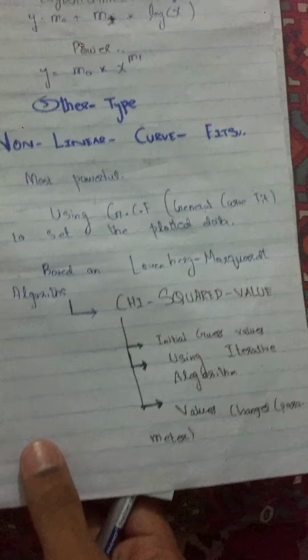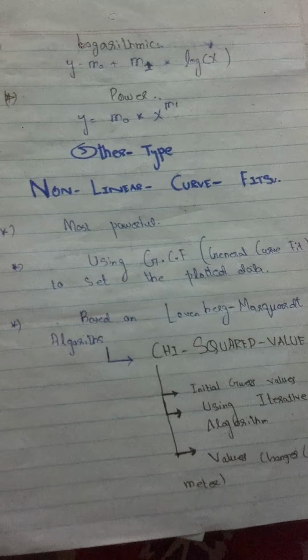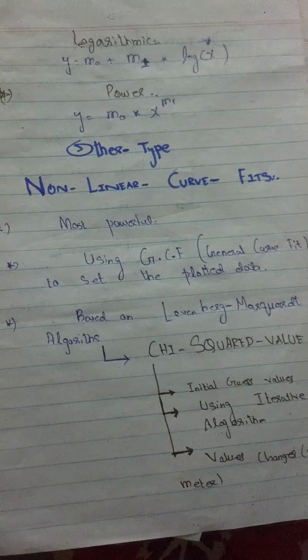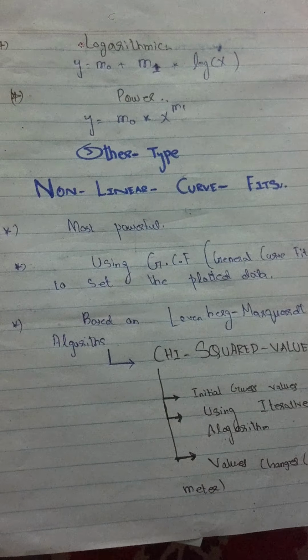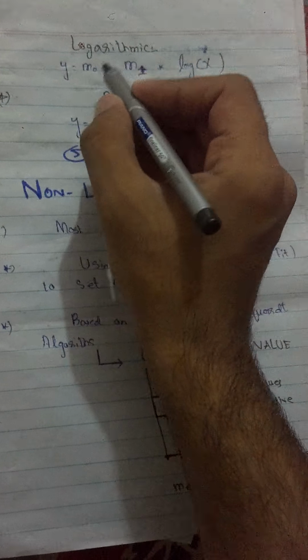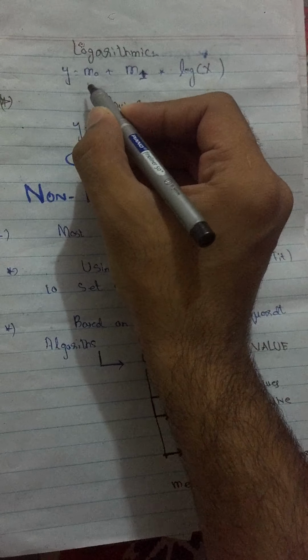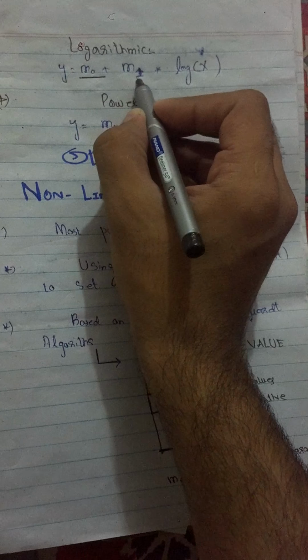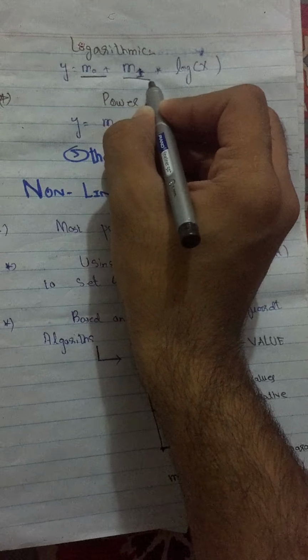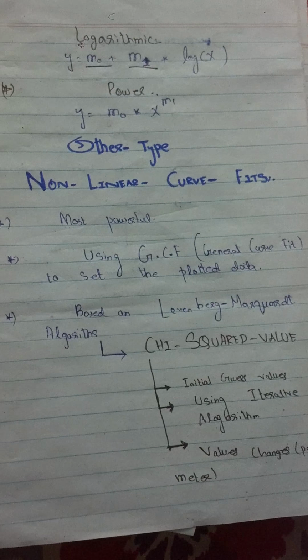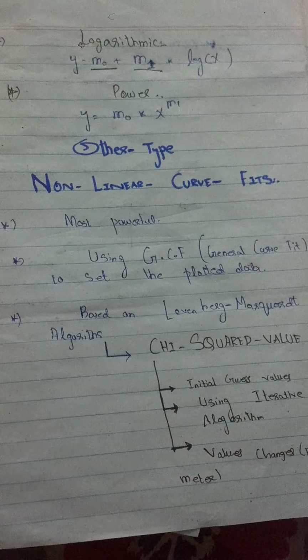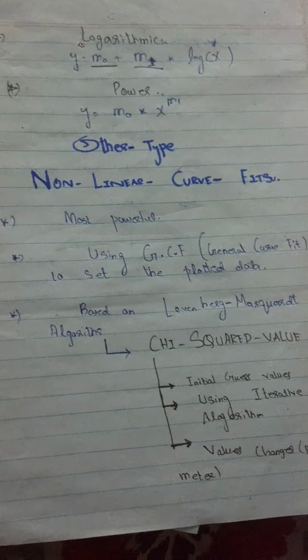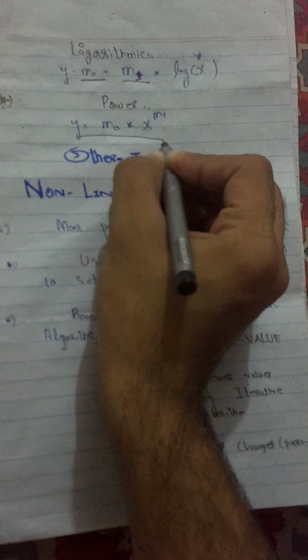Moving forward, if the curve is logarithmic, we'll be using this formula, and in this case, same like previous, M0 is considered as slope, and M1 is considered as y-intercept. If the value is in the power form, it will use this formula.